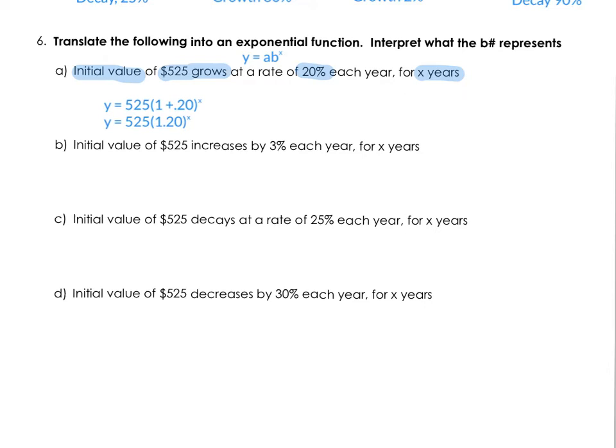Now I'm just going to go over off to the side to show more about what I did to get the 1 plus 0.20. I knew over here it was 20%. So we could think of it all as percents first. This is up to you. You could think of, okay, well, it's 20%. And then what does that mean if it's growing 20%?